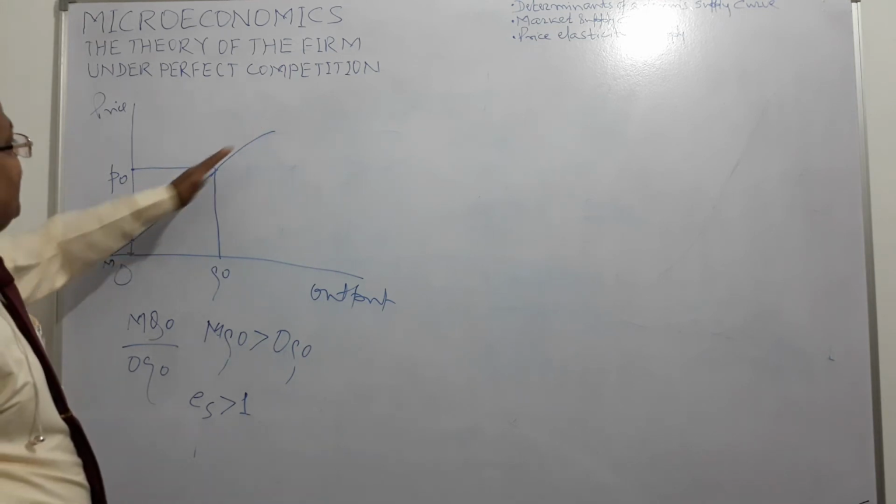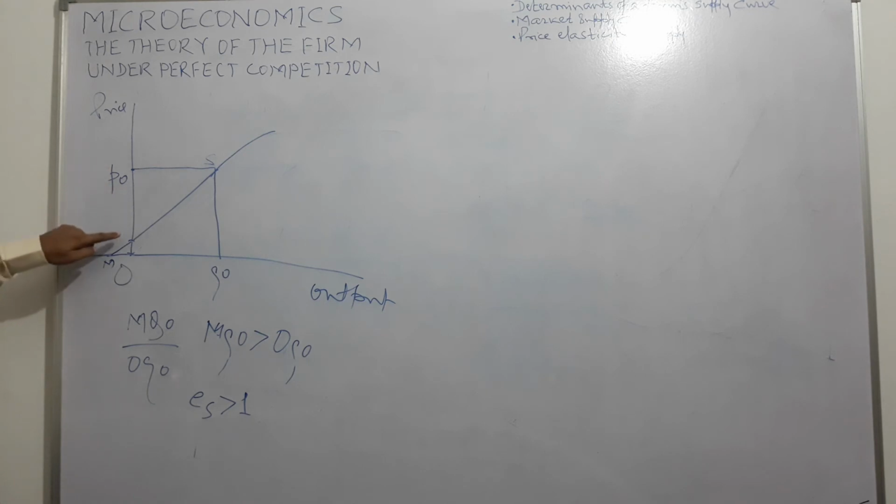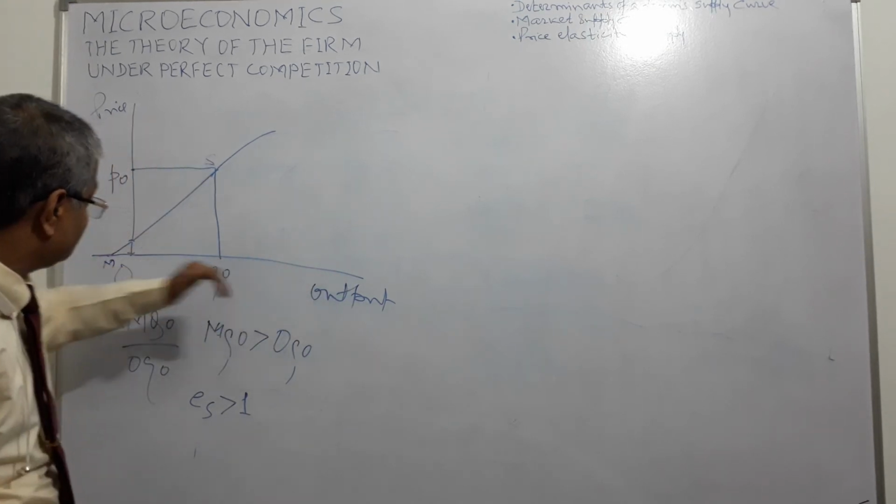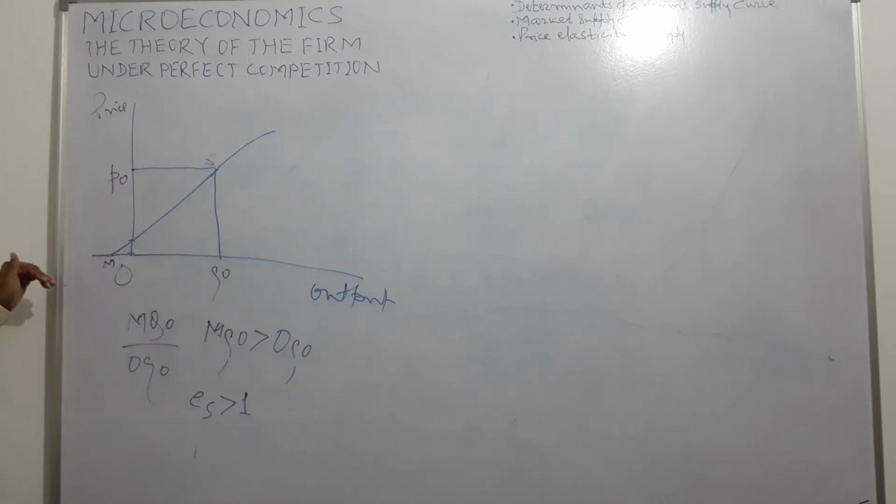The supply line cuts the price line in a positive area and the output line in a negative area. Here output was 0 and here it becomes positive and increases. This way it is negative. And how do we calculate it?